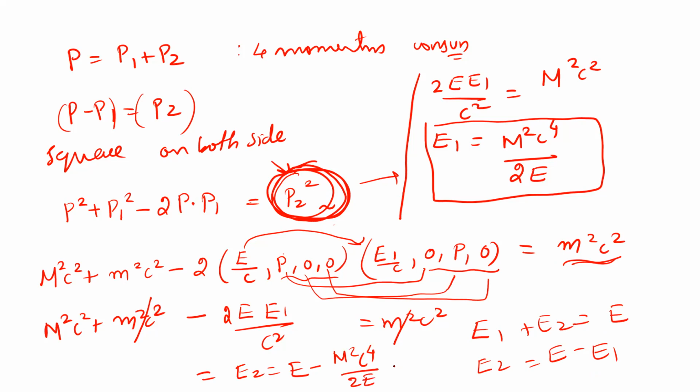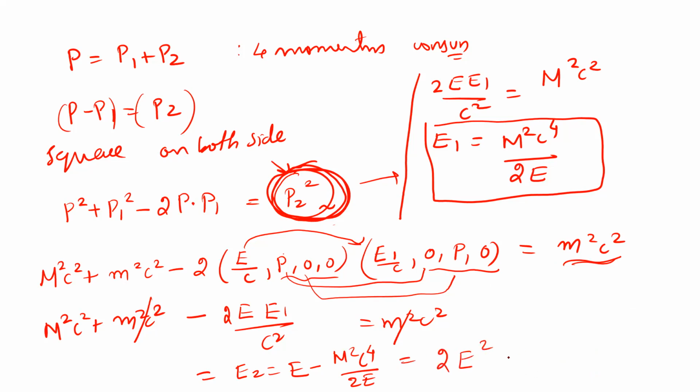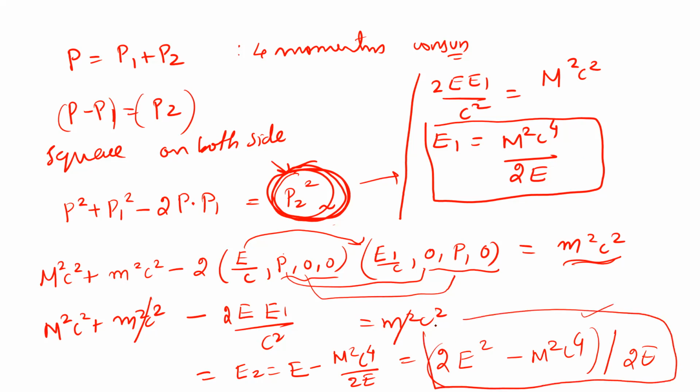So you can write it as 2E squared minus m squared c raised to 4 divided by 2E. This is E2. So we have got E1 and we have got E2. This is the answer that we have to find out.